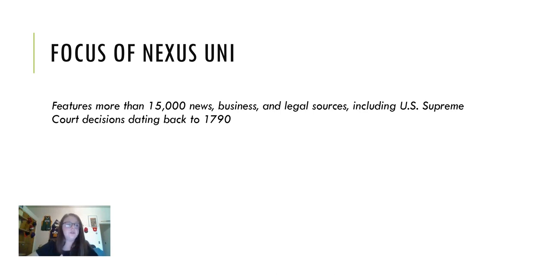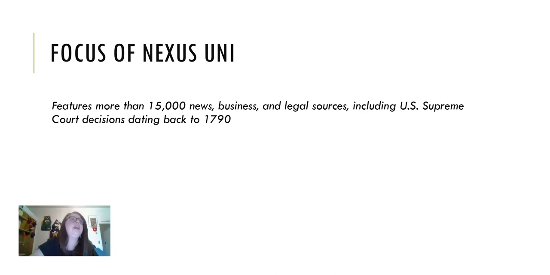Now, Nexus Uni is a scholarly database that features more than 15,000 news, business, and legal sources, including U.S. Supreme Court decisions dating back to 1790. And I'm not kidding, they absolutely do have that information readily available.